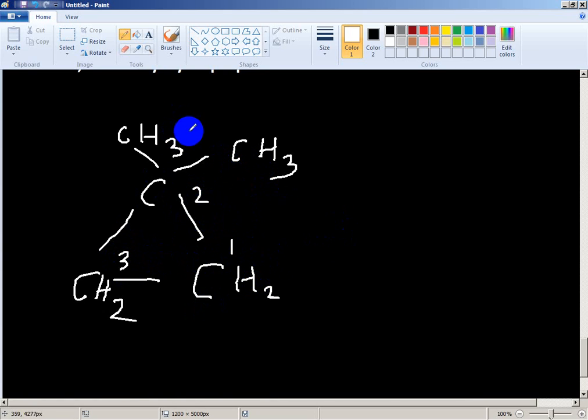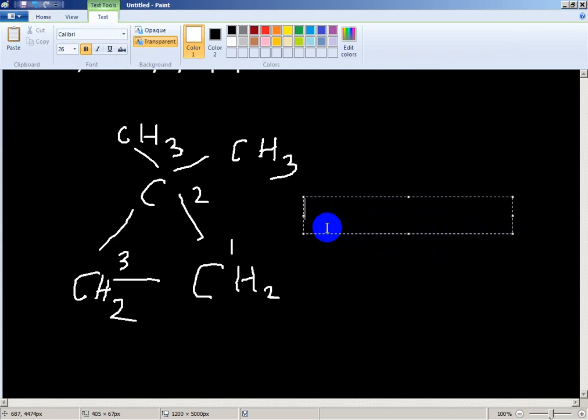This is 1 2 3 I gave. What is the name of this one? Now 2 2 dimethyl cyclopropane.